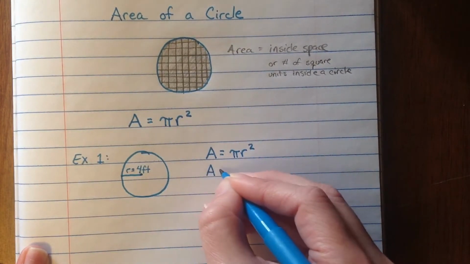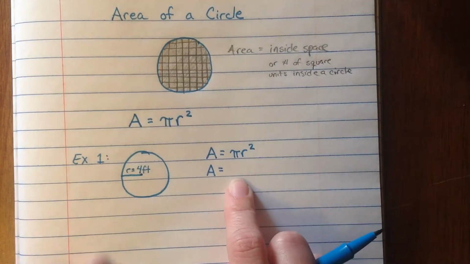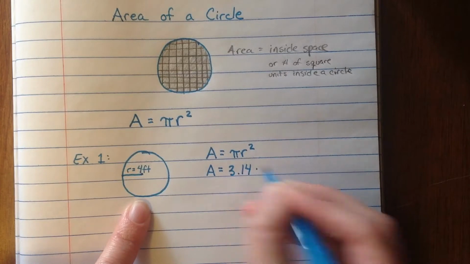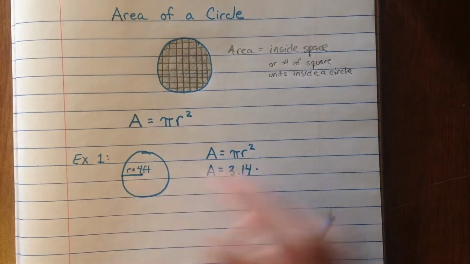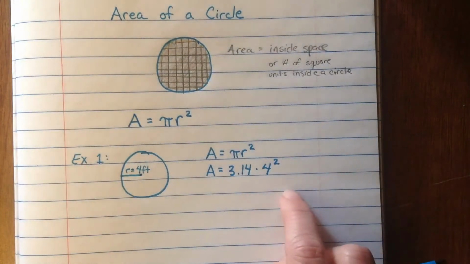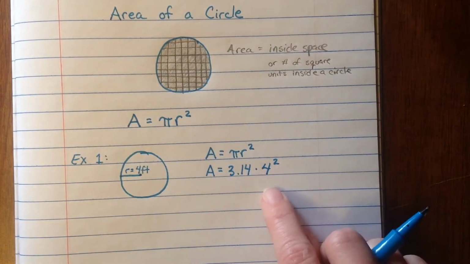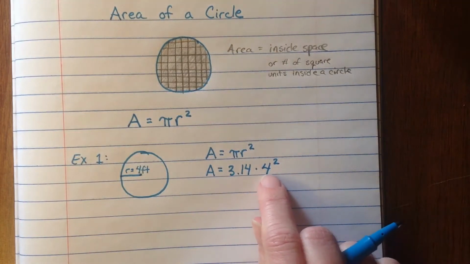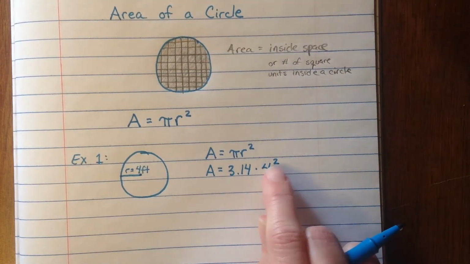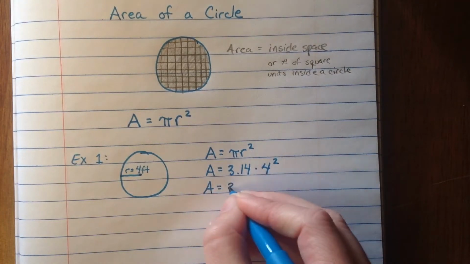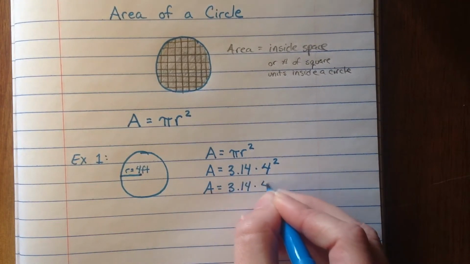I'm going to recopy that by filling in my numbers, just like we did with circumference. So pi is 3.14 times my radius is 4, and it's being squared. Now, I always like to rewrite this to remind myself that, remember, this does not mean 4 times 2, but this is 4 times 4. It's 4 times itself. So I'm actually going to rewrite this as 3.14 times 4 times 4.